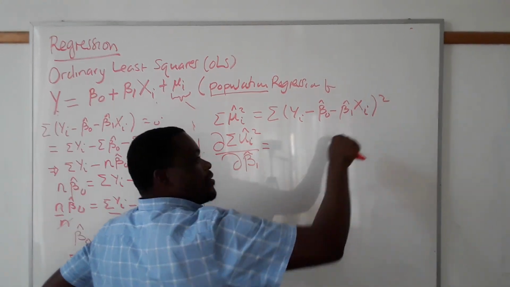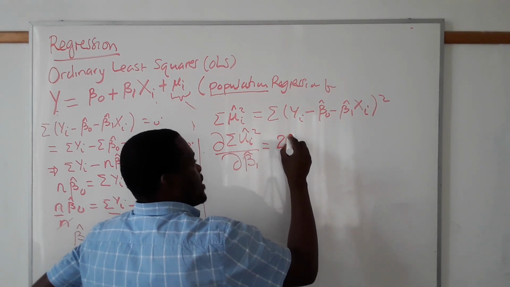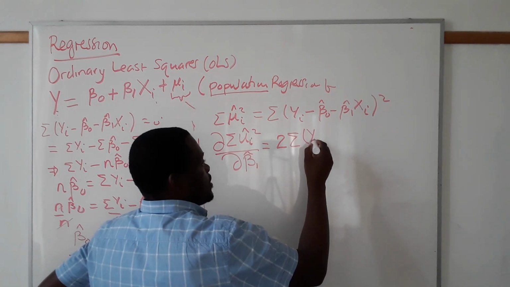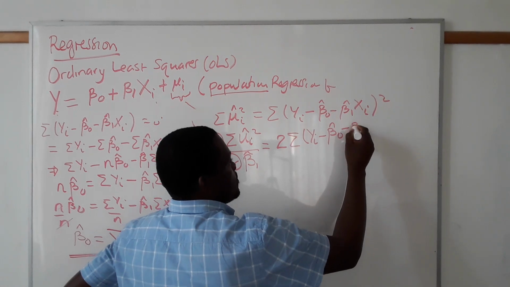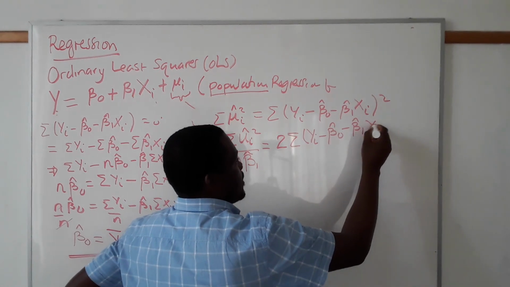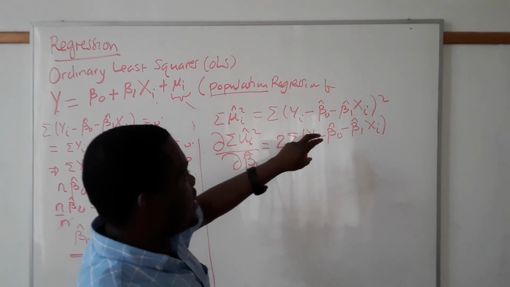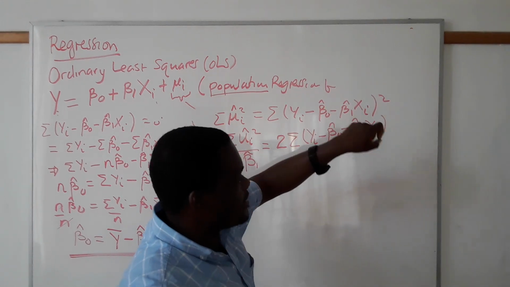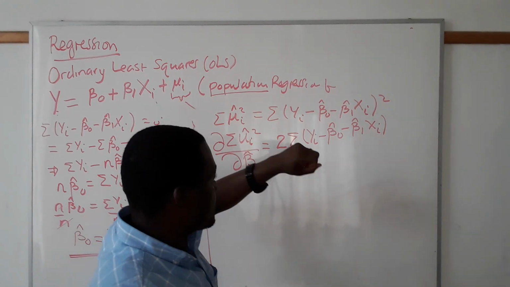Because there's a power, we first differentiate the power. So we bring the power here and we multiply it by the rest of the expression: minus beta hat 0 minus beta hat 1 xi. Then, in the next stage, we differentiate what we see in the brackets with respect to beta 1.